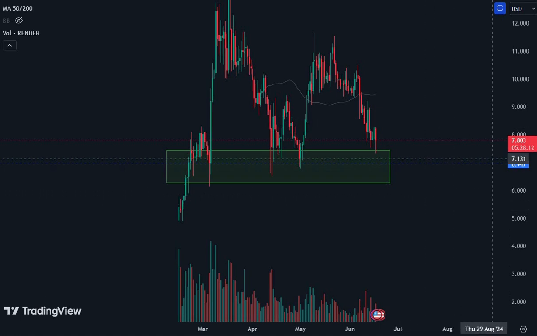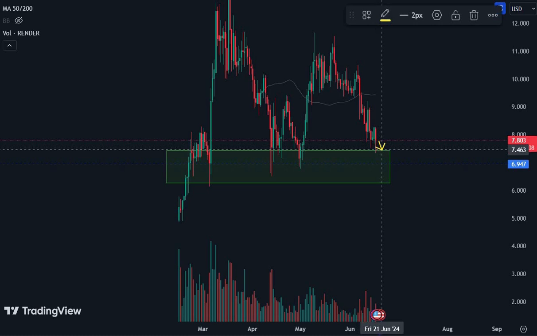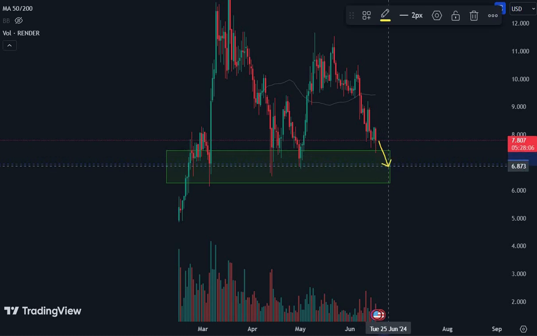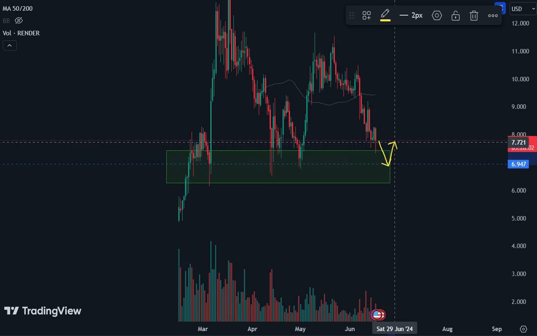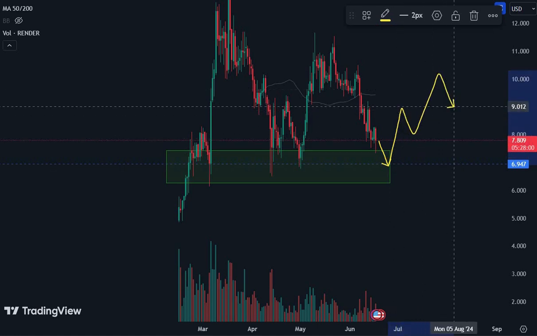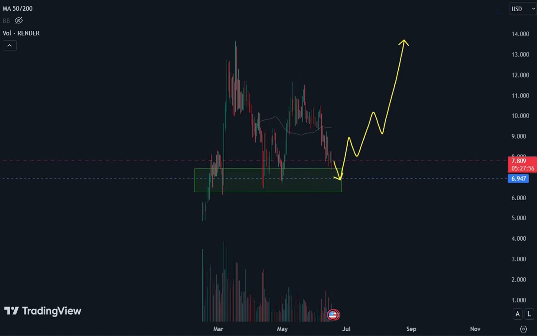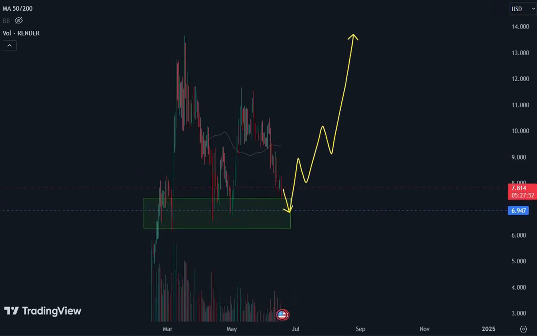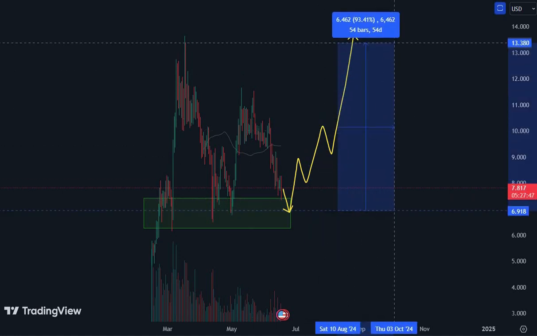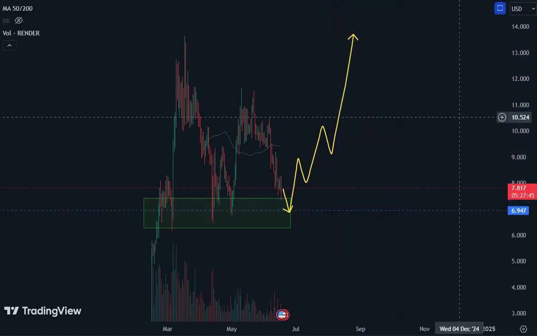All right, let's continue with the chart. My prediction for this is really simple. I think we should stop at this level right here, if this was not the last wick, but maybe we're gonna go down here and just continue going up. How far, I don't know, no one knows. But if something like that happens, just look how beautifully you can do that swing trade of almost 100% to the top.